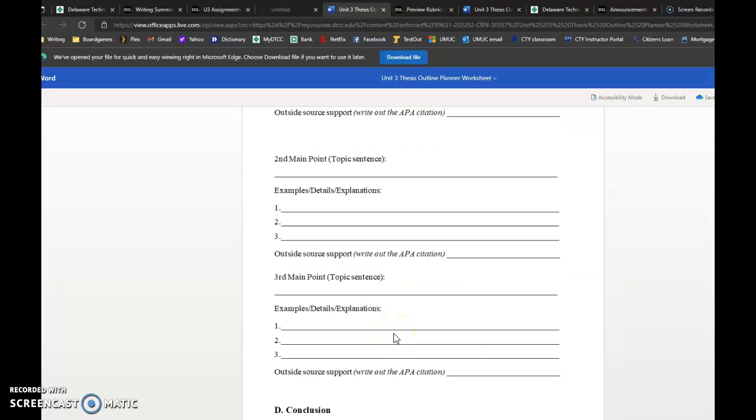I do want you to mention it in your paper because what you're trying to do is integrate another source into the paper to help you, through comparison, evaluate what's going on with your original source. That sounds complicated, but I'm going to explain how you might do that when I look at the questions that I've written for you.